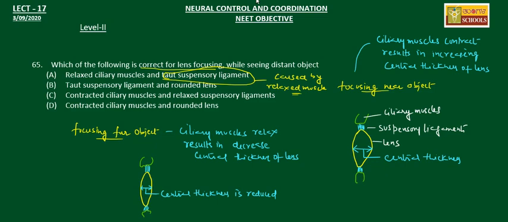The others, like taut suspensory ligament and rounded lens, no. Contracted ciliary muscles and relaxed suspensory ligaments, this is also not the case. Contracted ciliary muscles and rounded lens, no. You have to remember clearly that while focusing the near object, ciliary muscles contract, and focusing a far object the ciliary muscles relax. So option A is the right option.